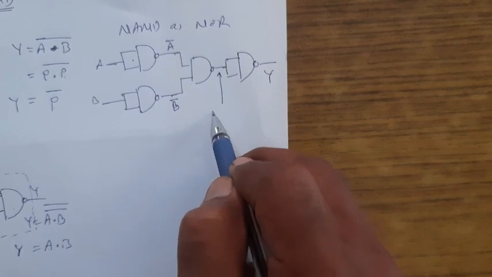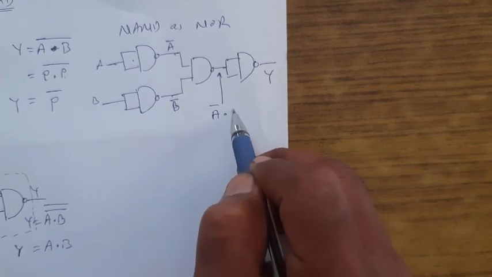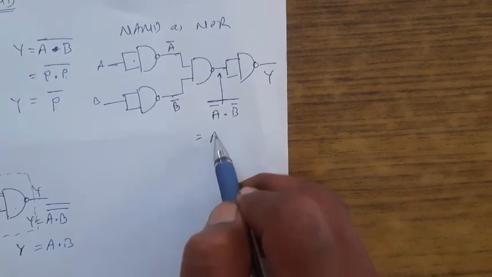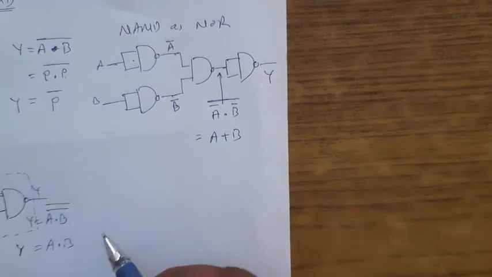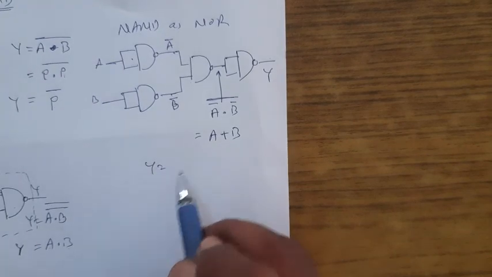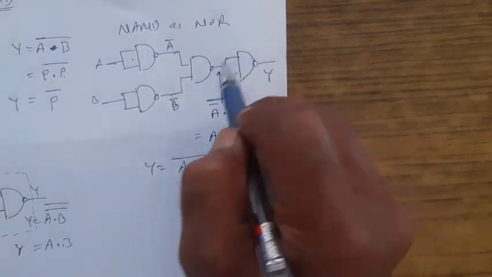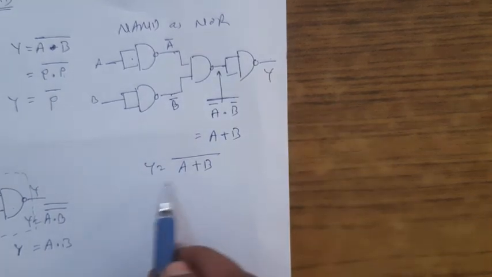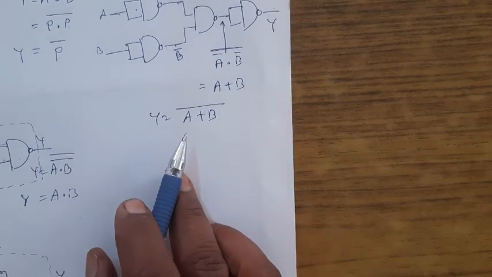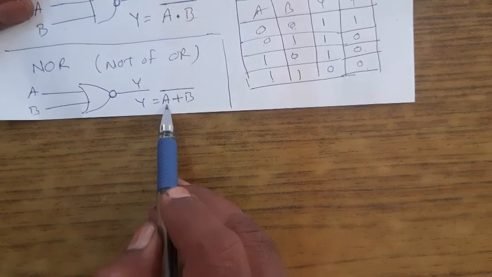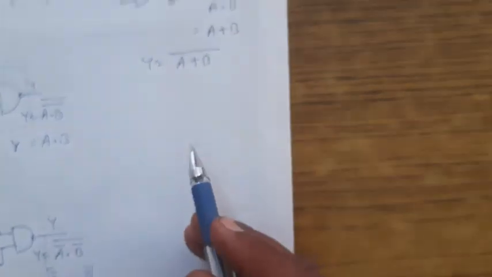Somewhere here it will be (A bar · B bar) bar, but I can simplify this as A or B, and then here Y is equal to (A or B) complement, because this is nothing but a NOT gate, and this is the logic equation for our NOR gate, which we have observed. Typically for a NOR gate the logic equation is Y is equal to (A plus B) bar, and I am getting the same situation, correct?